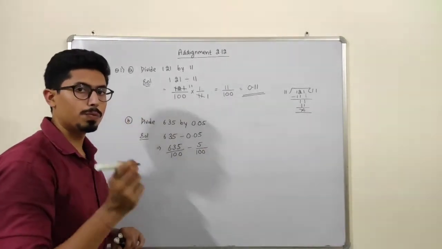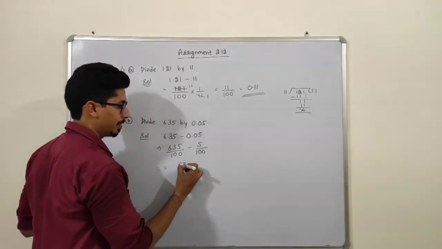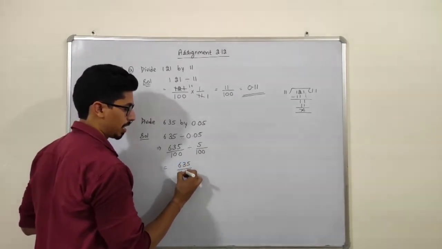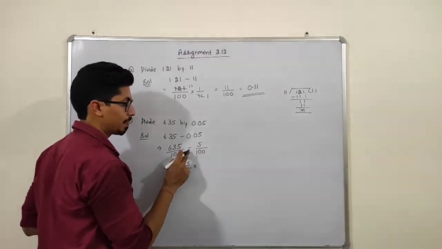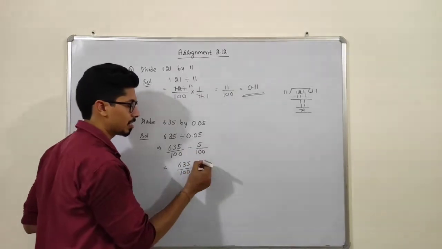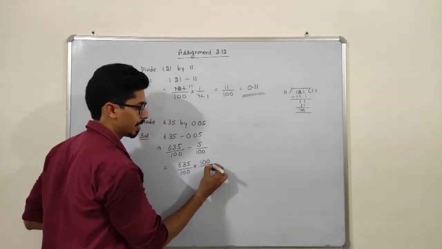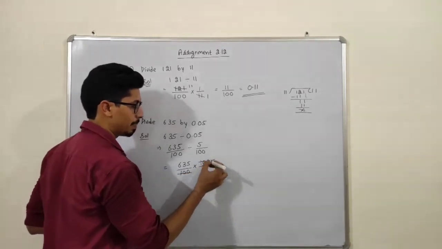Okay. Now we can do one thing: 635 upon 100 multiplied by, if I just replace this division sign with the multiplication sign, the number will get reciprocated. So 100 by 5. Okay, students. So I can just cancel this 100 by this 100.